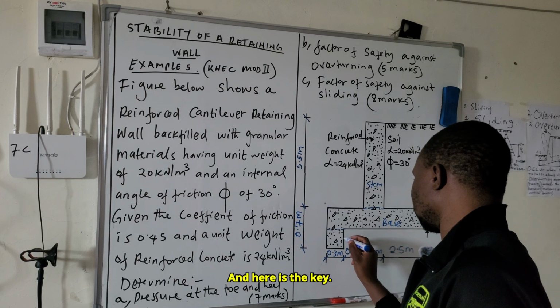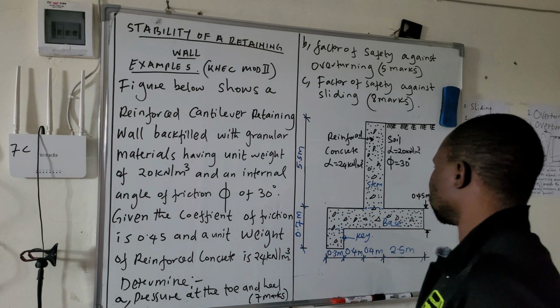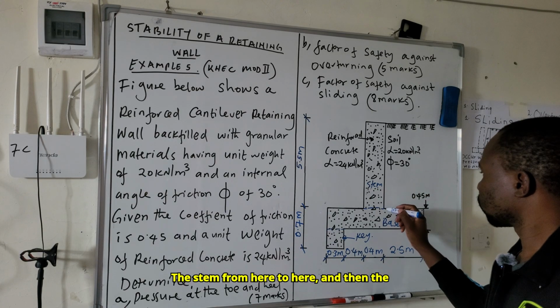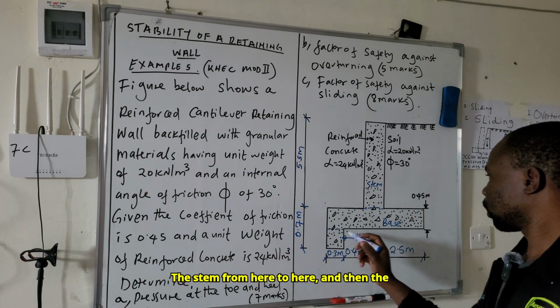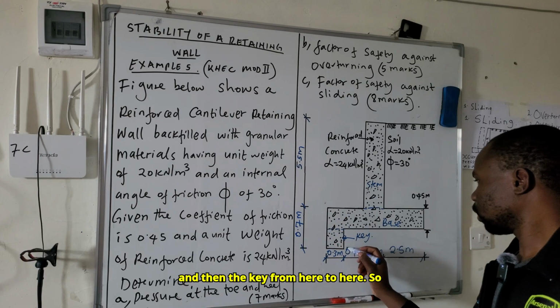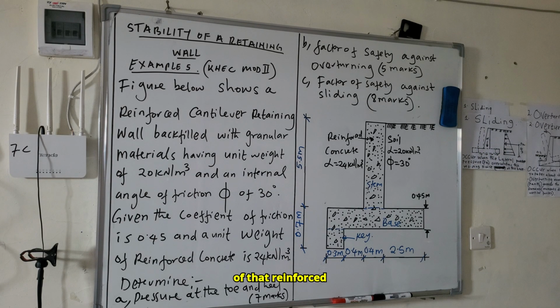And here is the key. So we have 3 different parts. The stem from here to here, and then the base from here to here, and then the key from here to here. So those are the 3 different parts of that reinforced cantilever retaining wall.